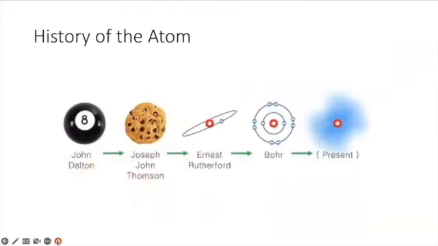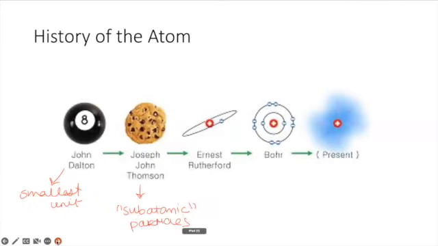Over time, we've learned more about the atom. It first started off as just this idea that it was the smallest unit and it was indivisible. Then J.J. Thomson said, I don't know if it's necessarily the smallest unit. I think it has subatomic, meaning smaller than an atom, particles. Those are what the chocolate chips represent.